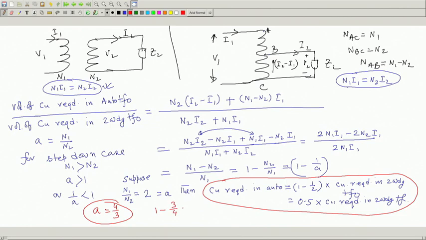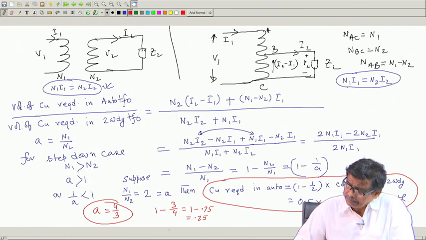How much copper will be required? 1 minus 0.75. Only 1/4 of the copper will be required. See, if you want to change the voltage ratios in this ratio, N1 is to N2 is 4 is to 3, then I find savings of copper is much more, because copper required will be only 1/4.